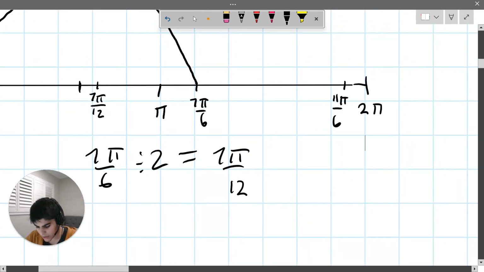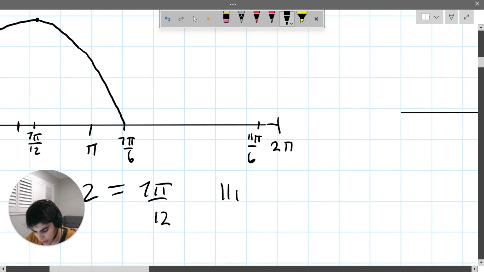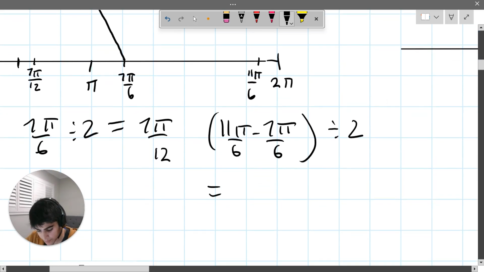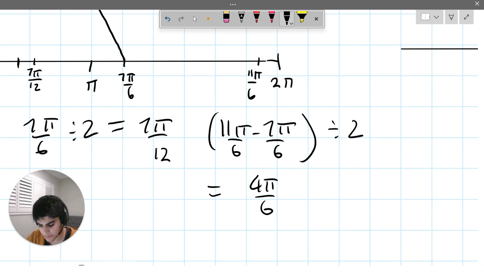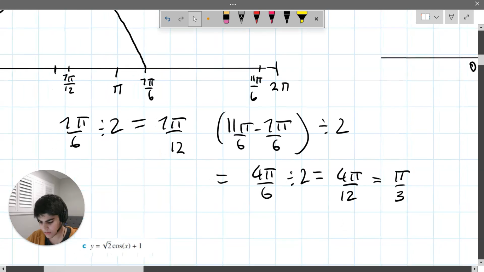Let's do the same. 11 pi on 6 minus 7 pi on 6, divided by 2, equals 4 pi on 6 divided by 2, which equals 4 pi on 12, which equals pi on 3.